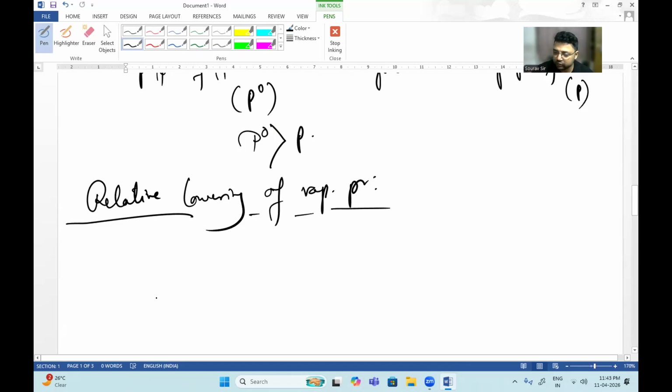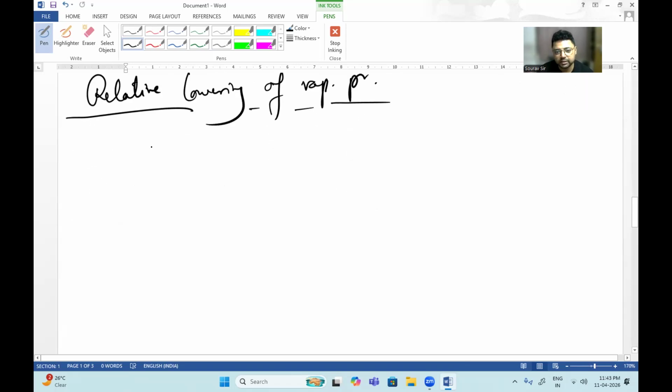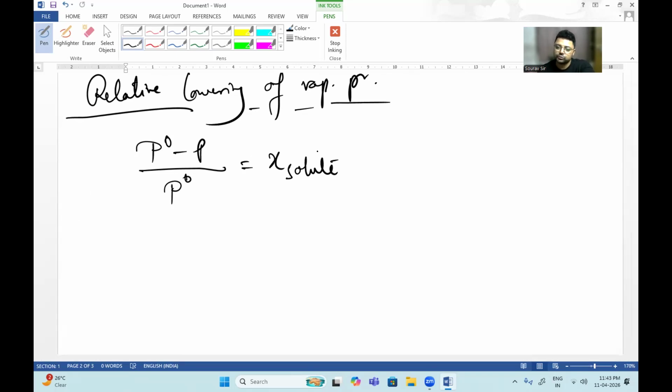Okay. Relative lowering of what does it mean? That means this is the lowering of vapor pressure, and if you divide it with the original vapor pressure, then you will get the relative lowering, how much in relation it is decreasing. Now this whole thing will be equal to the mole fraction of solute because it is directly dependent on the solute. So (P0 minus P) by P0 will be X of solute.